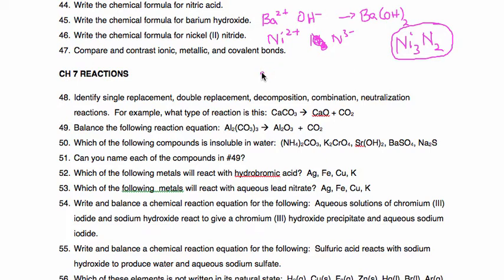Alright, totally different kind of question. Compare and contrast ionic, metallic, covalent bonds. Ionic bonds is when the metal is positive and the nonmetal is negative, and they hold together in a plus-minus attraction. Metallic compounds are what we call the electron sea. You have multiple metal atoms, and they just hang out next to each other, and the electrons flow around them.